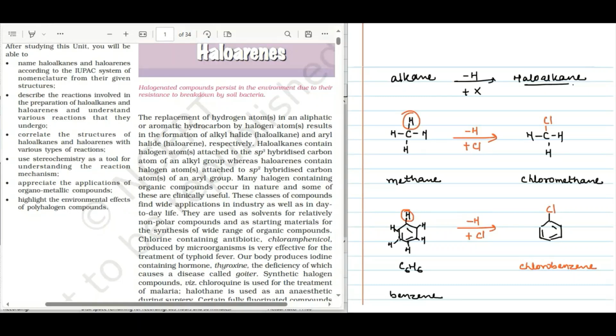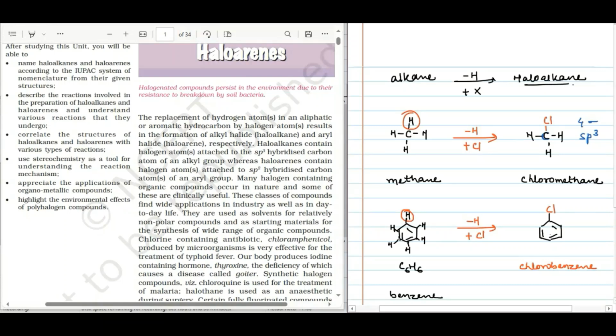So here chlorine is bonded to this carbon, and this carbon is bonded to 4 sigma bonds. As it is bonded to 4 sigma bonds, the hybridization of this carbon will be sp3. So in haloalkanes, halogen atom is bonded to sp3 hybridized carbon.